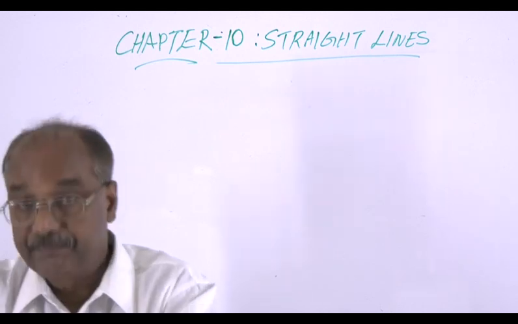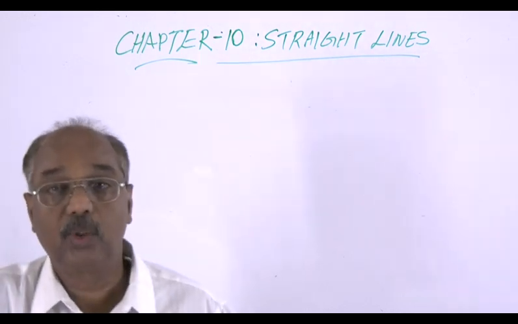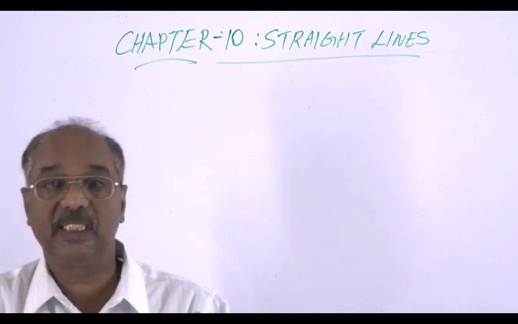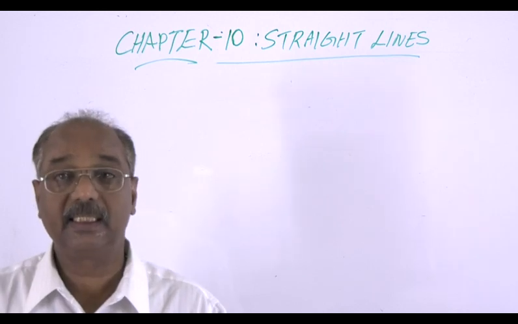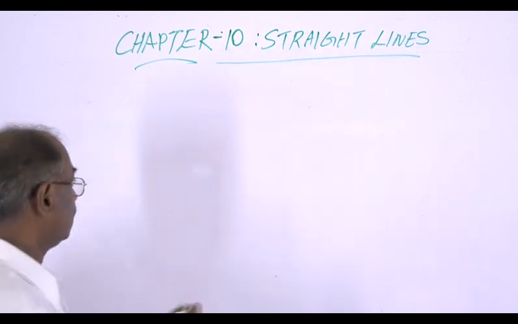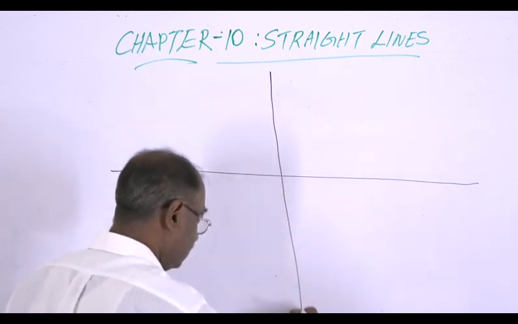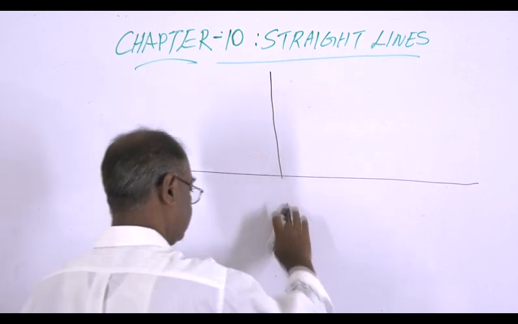If x and y are the coordinates of a point, then it is usually denoted by (x, y) within a bracket, that we know. So we may consider the x-axis, the horizontal axis, and the y-axis, the perpendicular axis.